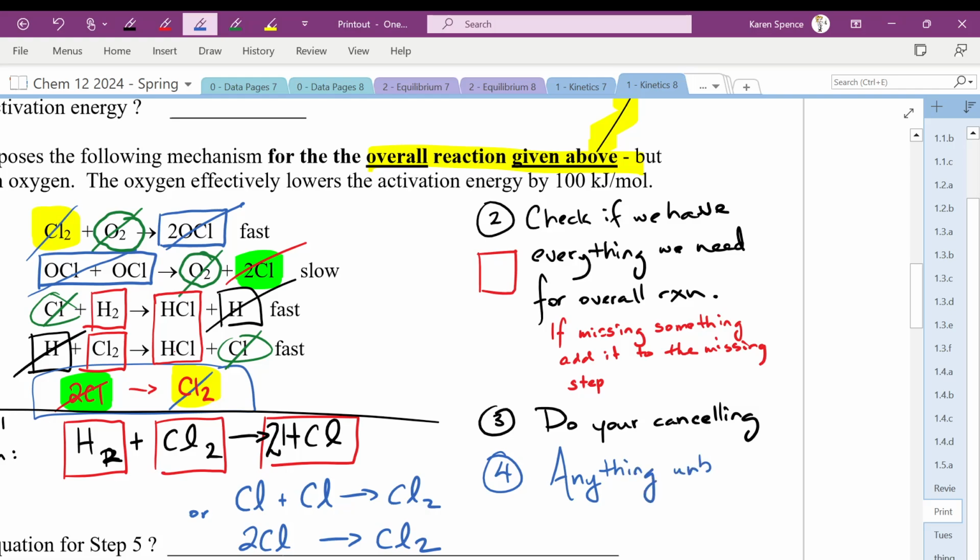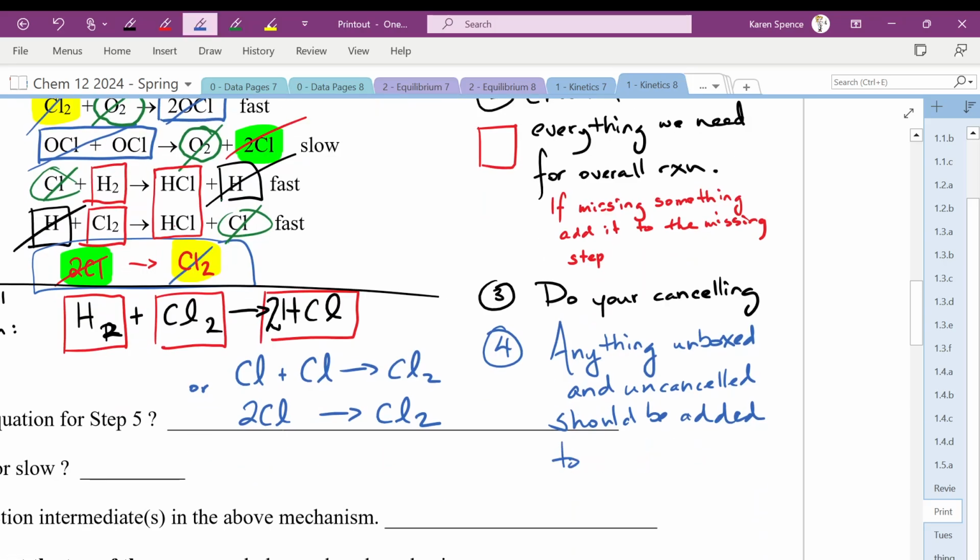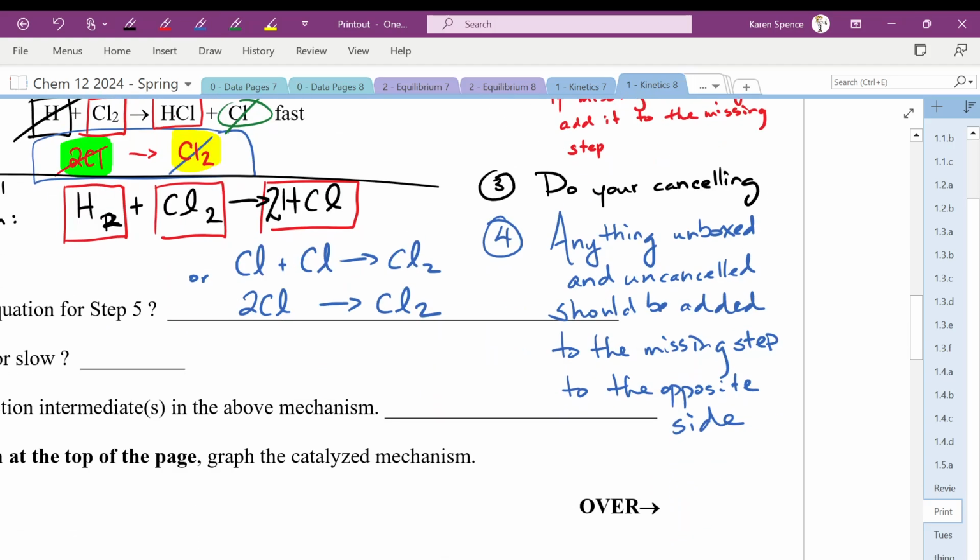Anything unboxed and uncanceled should be added to the missing step on the opposite side, so that it does cancel. Okay?